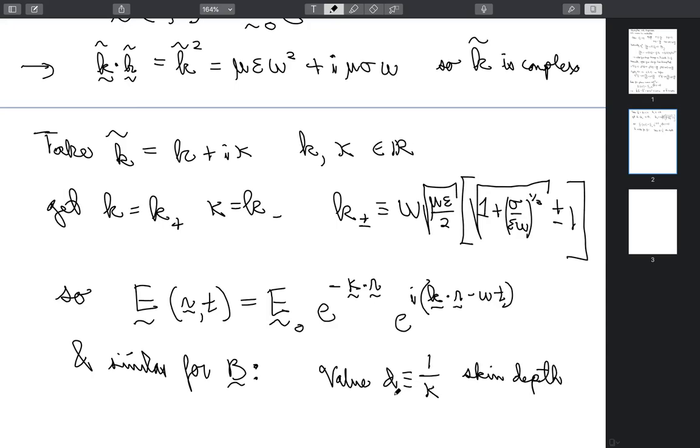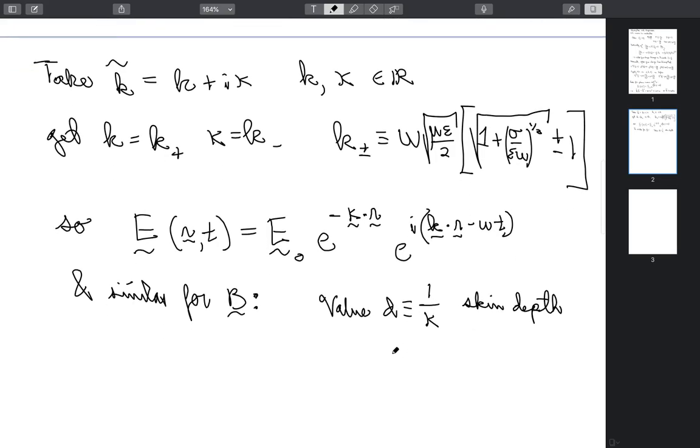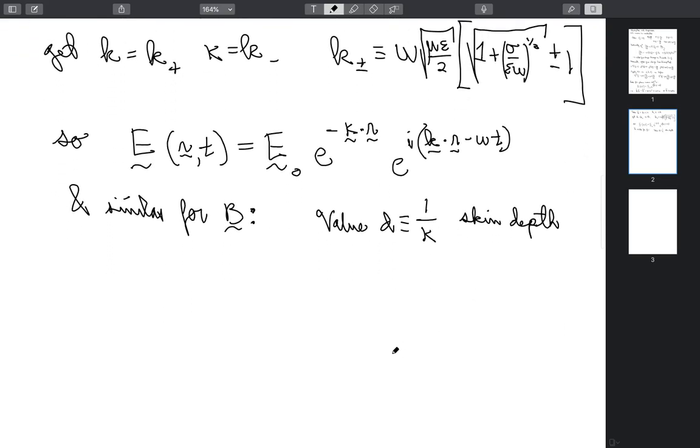Okay, it's the distance over which the wave falls by an amplitude of a factor of e. Okay. So let's just make it a little bit explicit here. For simplicity, we're going to choose propagation along the direction z hat. Okay.